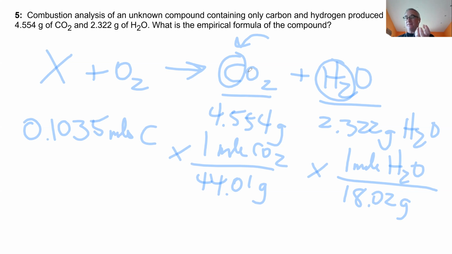So here we're dealing not with hydrogen molecules, but hydrogen atoms, because a molecule of X, whatever X is, has atoms of hydrogen in it, not molecules of hydrogen in it. It's actual atoms, and each one with a particular mass. So for every mole of water, there's going to be 2 moles of hydrogen atoms. So how many moles of water do we have?